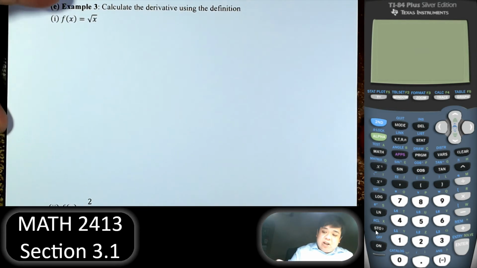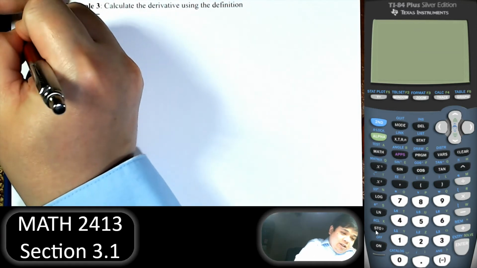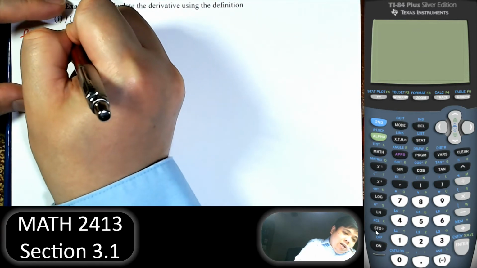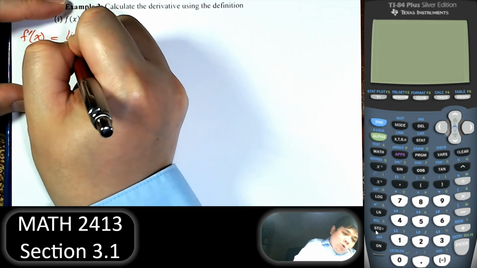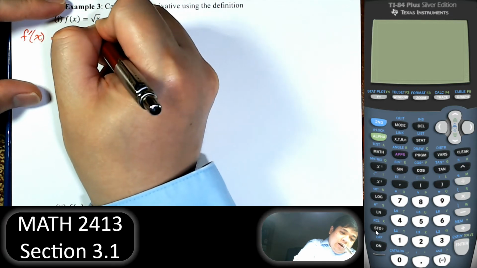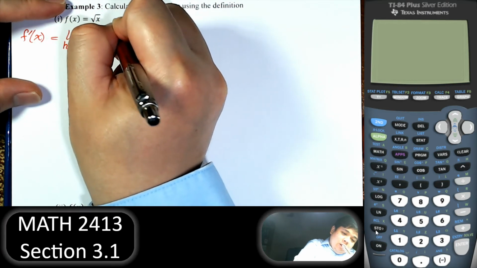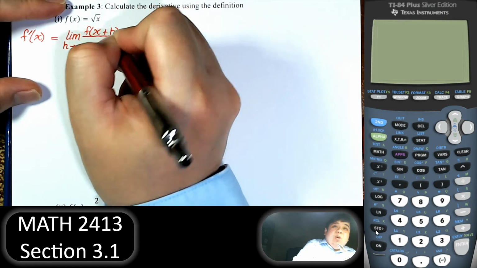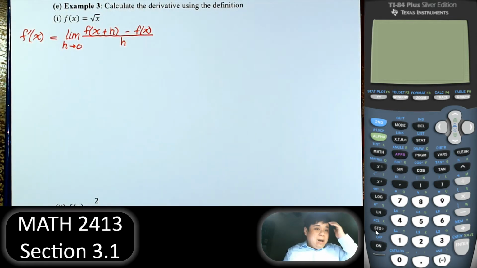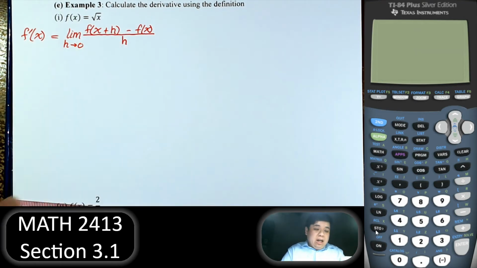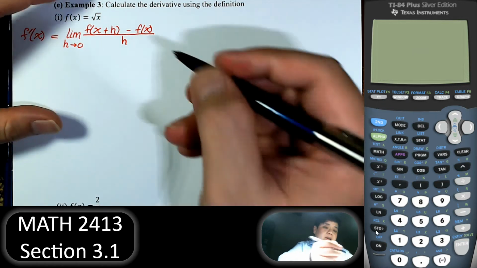So the definition is the limit as h goes to 0 of f of x plus h minus f of x over h. And also, if this is a lecture class and you have to take the test in class, one of my questions will be to write down the definition of the derivative, which is that. Right.